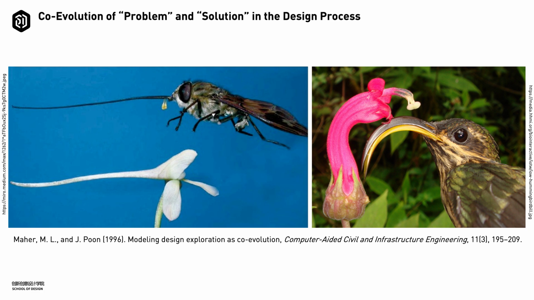Flowers that work perfectly for the anatomy of specific insects or birds. And we use this as a metaphor for how we allow questions and answers, challenges and responses to change each other during the design process.